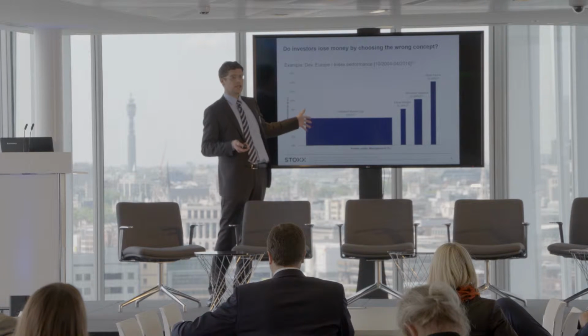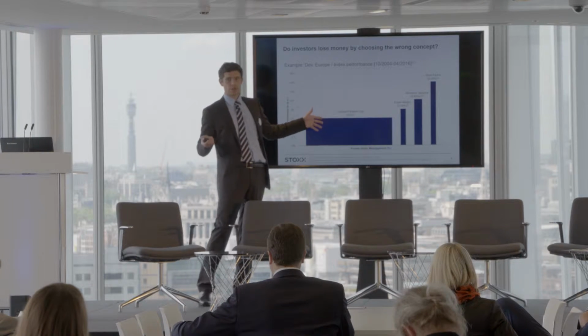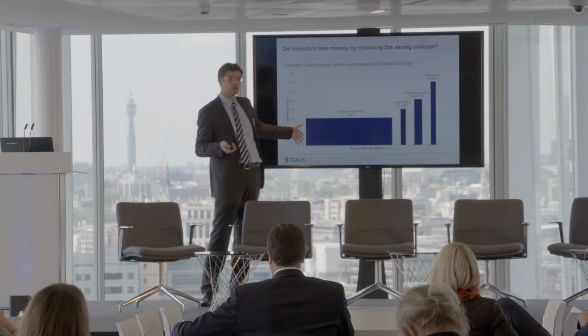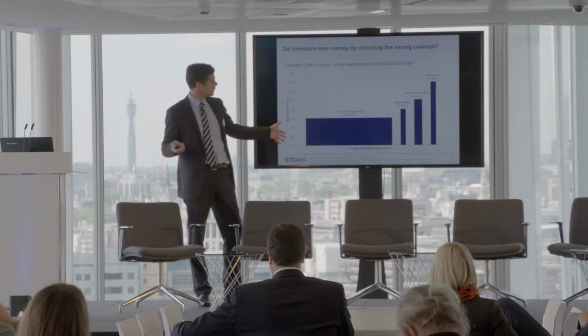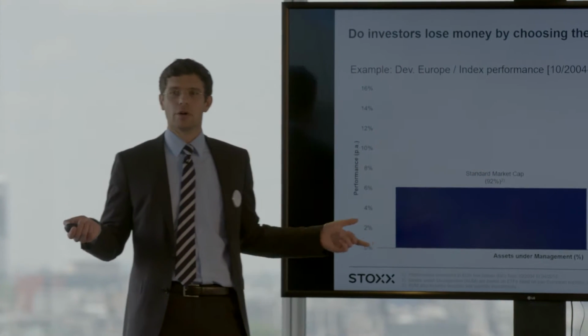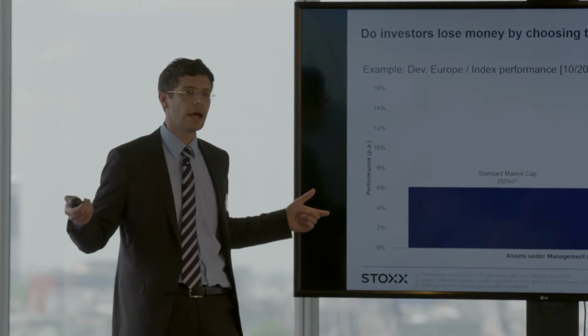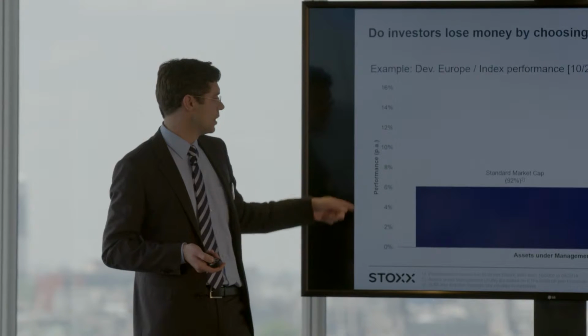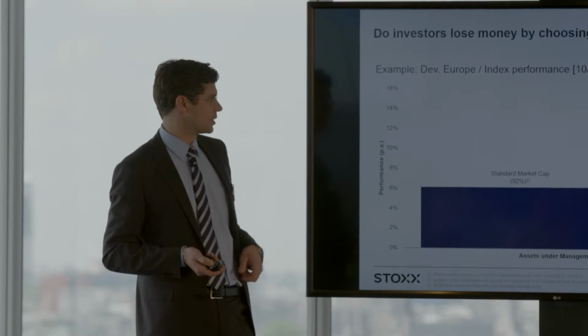We find that a standard market cap weighted index, the STOXX Europe 600, for example, would have generated an annual performance of 6%. Not bad, but we could have done a lot better by just equal weighting all the stocks. Same composition, just applying different weights, would have added another 2 percentage points measured over the last 12 years here.